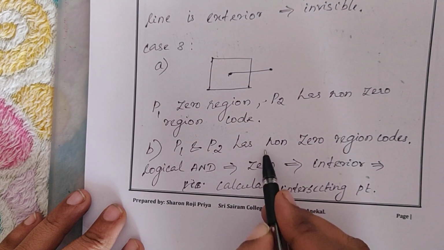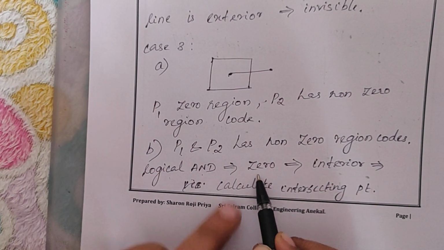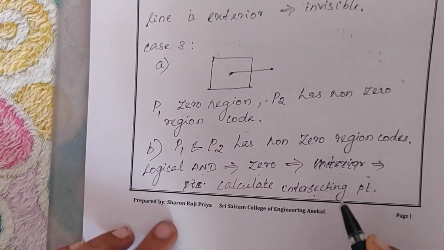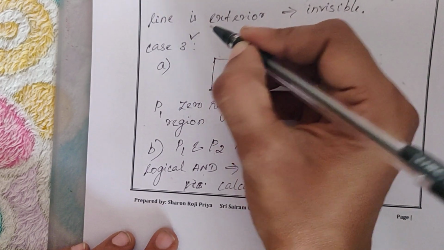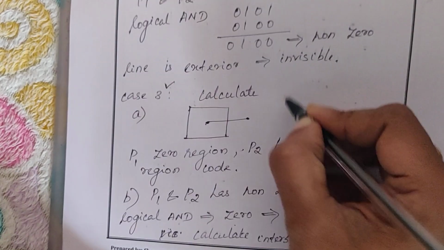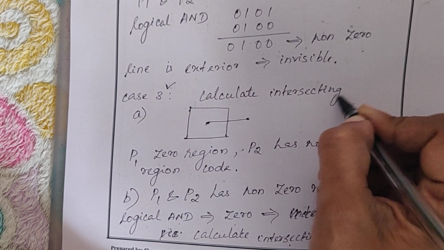So in case 3, I have to calculate intersecting points.